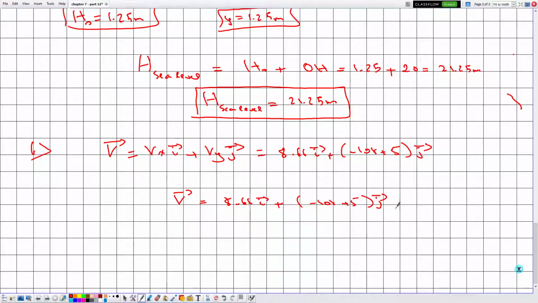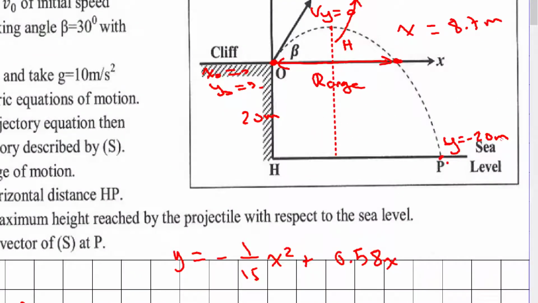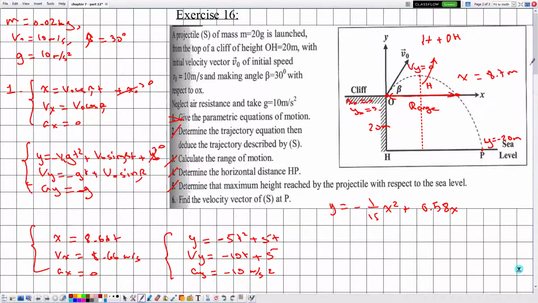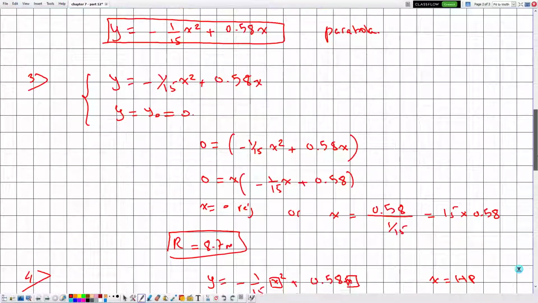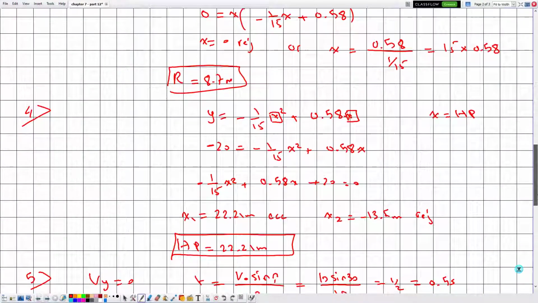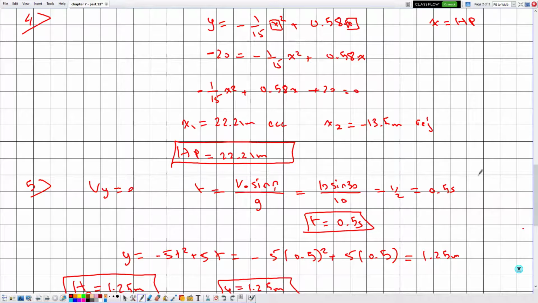Then in order to determine the velocity vector at the point P, we need to determine the instant time t, which represents the position of the projectile at the point P, and this is given by y equal to minus 20 meters. So did we determine this instant previously? No. Okay.